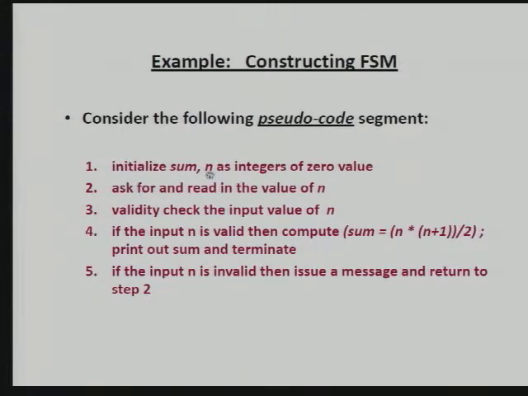Initialize sum and n as integers of 0 value, ask for and read in N, check the validity of N. If N is valid, then you're going to compute a sum and print out that sum and terminate. If it's invalid, then you're going to issue a message and return to step 2, where you ask for and read in N. So how would you represent this?